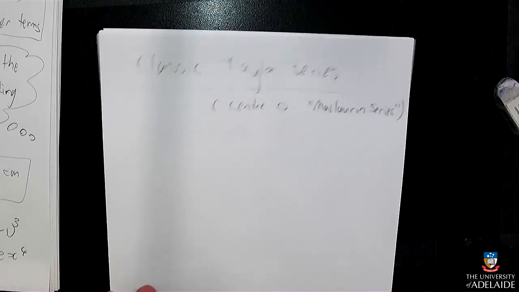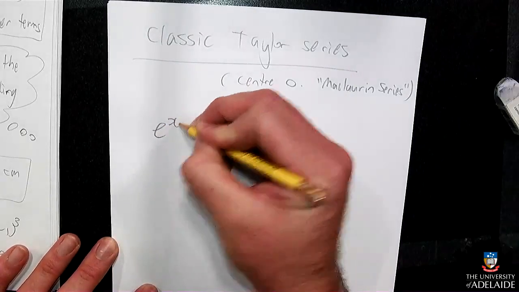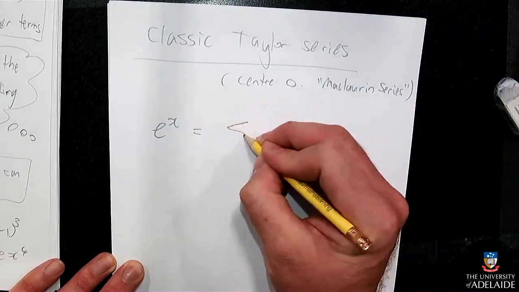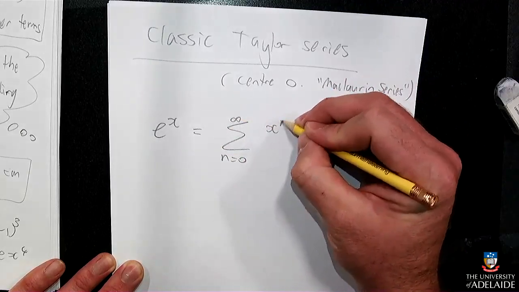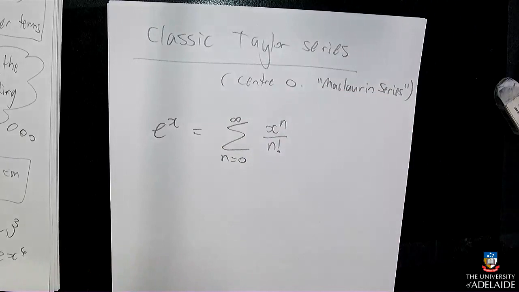Okay, so these are the classic Taylor series with centre 0, like Maclaurin series, for your classic functions. e to the x is the sum of x to the n over n factorial.